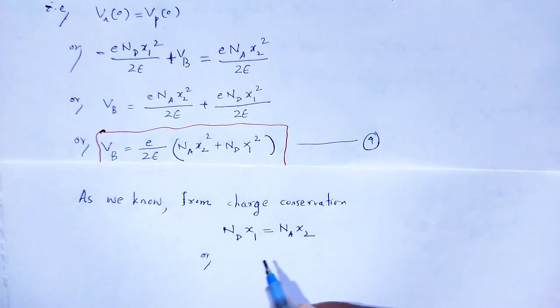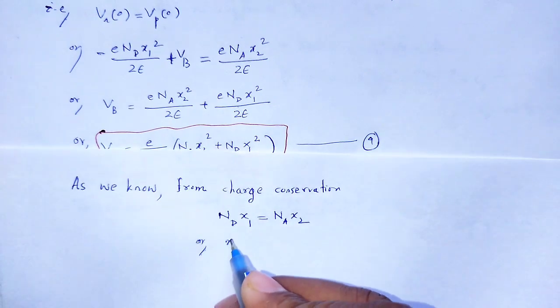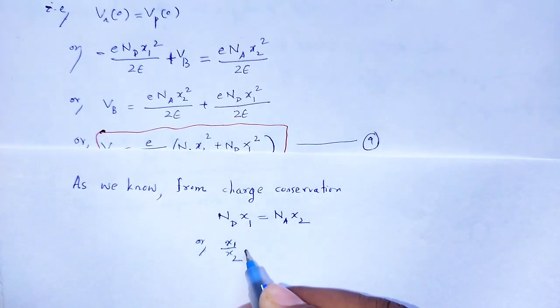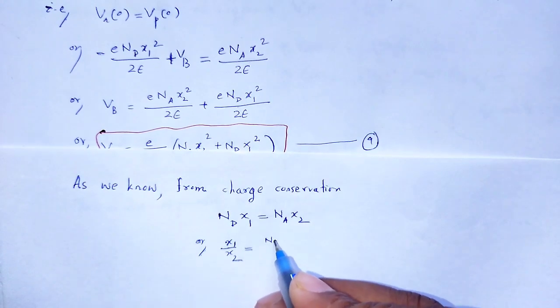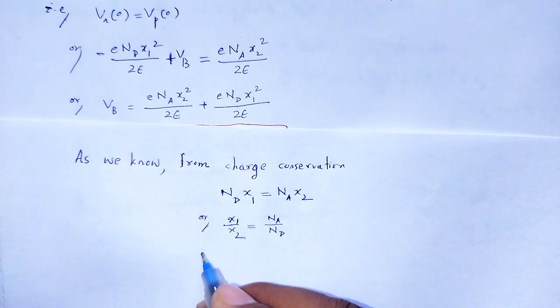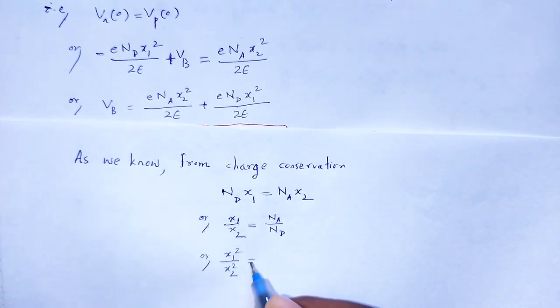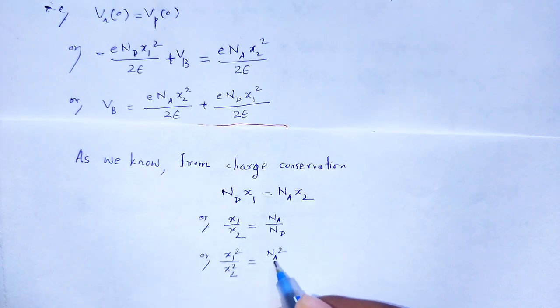Therefore, x1 by x2 is equal to Na by Nd, or x1 square by x2 square is equal to Na square by Nd square.